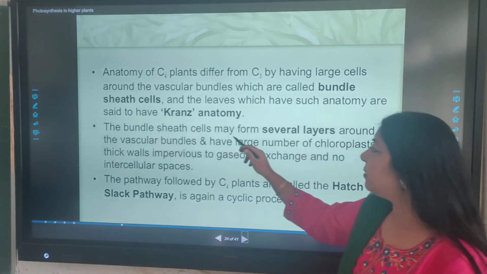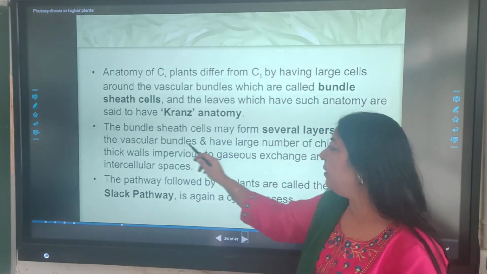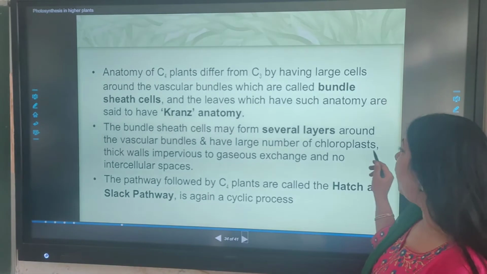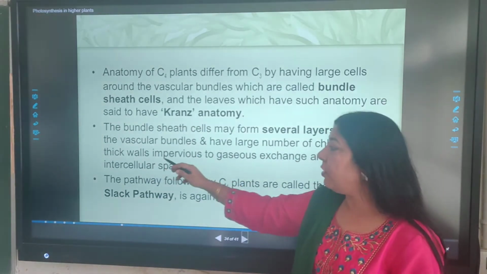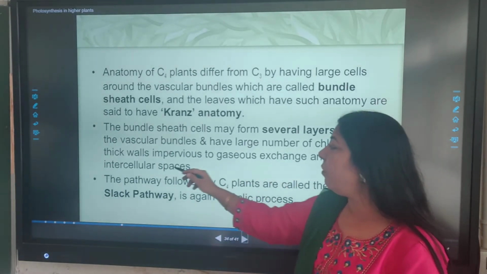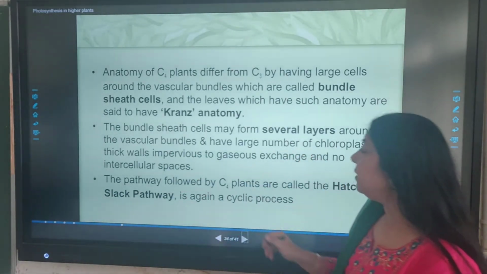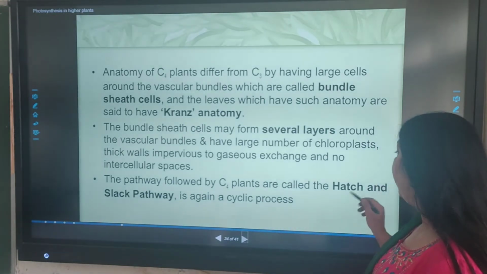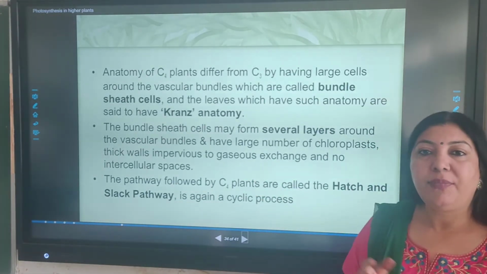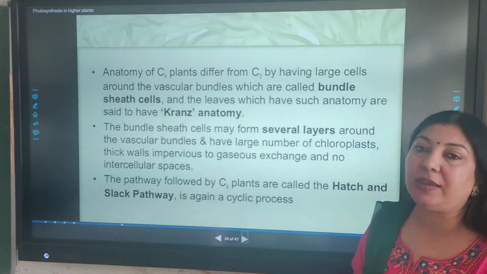The bundle sheath cells may form several layers around the vascular bundle and have a large number of chloroplasts, thick walls, impervious to gaseous exchange, and no intercellular spaces. The pathway was explained by the scientists Hatch and Slack. That's why it is also called the Hatch and Slack pathway.